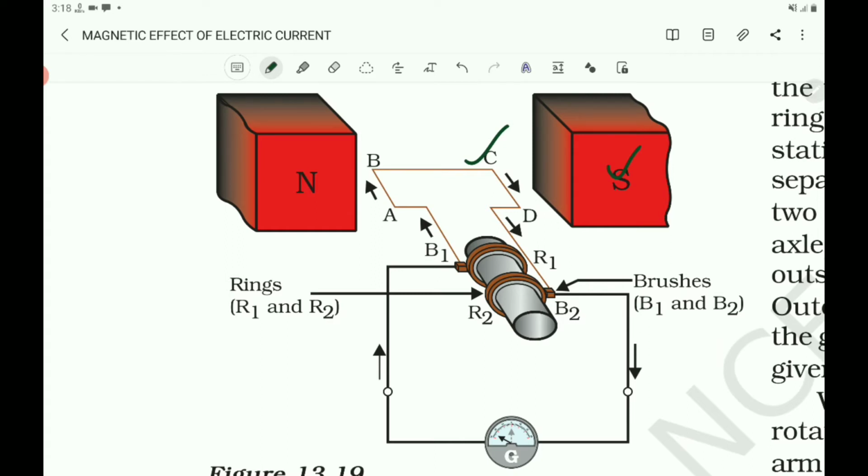And also you observe here the slip rings R1 and R2. See here, R1 and R2 are the slip rings. These are two brass rings, and you can denote them as R1 and R2.